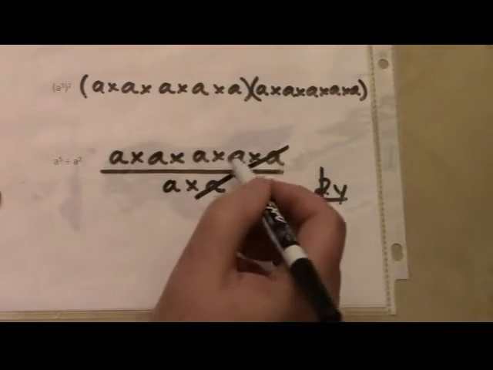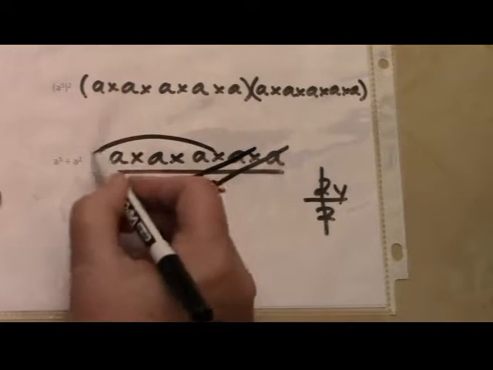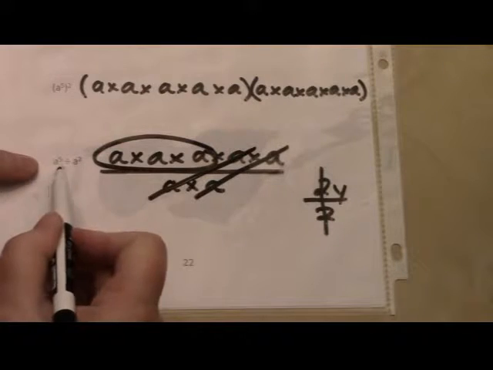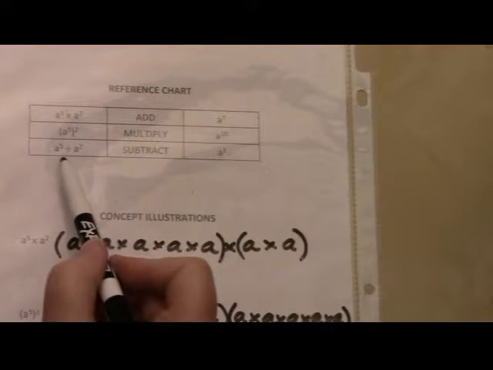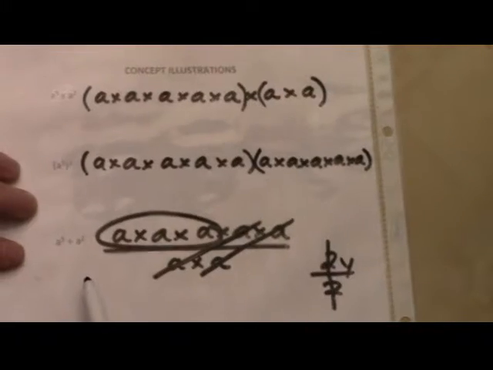This a, or any of them, is going to cancel out that one. How many are left? 1, 2, 3. That's why 5 minus 2 is 3. That's why when you are dividing, you subtract the exponents. So again, I hope this helps you understand that it's not just random rules, but let's see why it works.